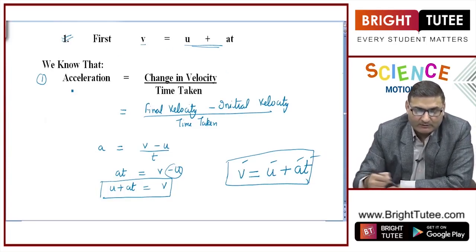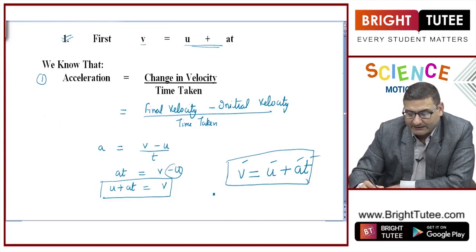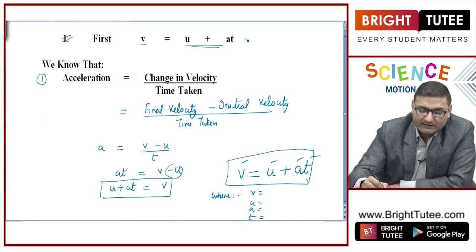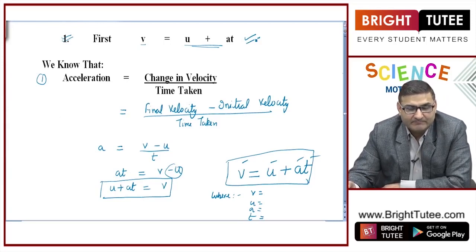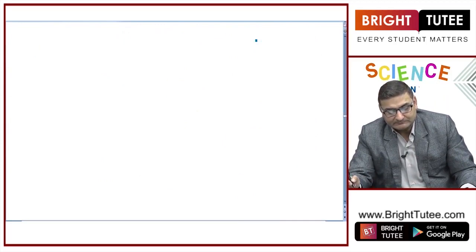So when you are asked to derive, after putting up these, we need to write all the expressions where v is what, u is what, a is what, and t is what. Got it? Fine. So this is how we have got our first equation of motion. Clear, students? Now let us see about the second equation of motion.